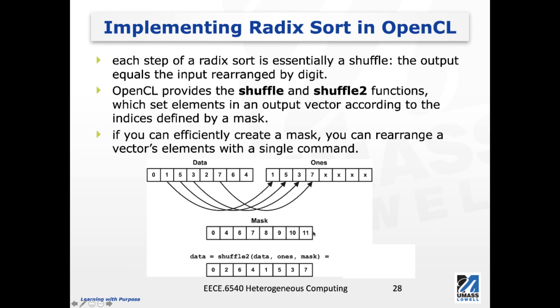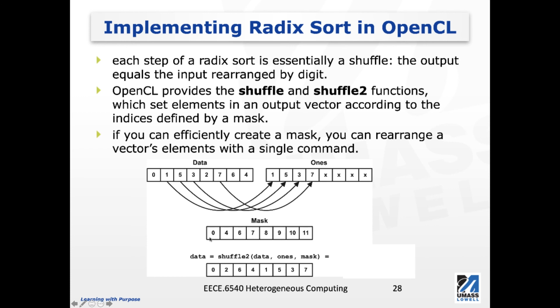And then we have a mask, which is an array of 8 elements. The elements inside this mask array are actually the indices to these 2 vectors. And we count the indices from 0. So we have 0, 1, 2, 3, 4, 5, 6, 7. And from here is 8, 9, 10, 11.